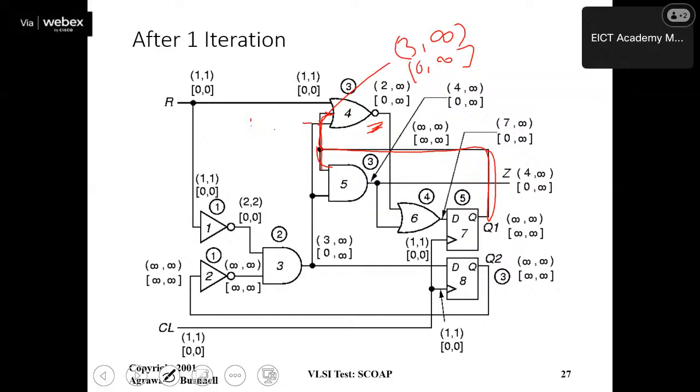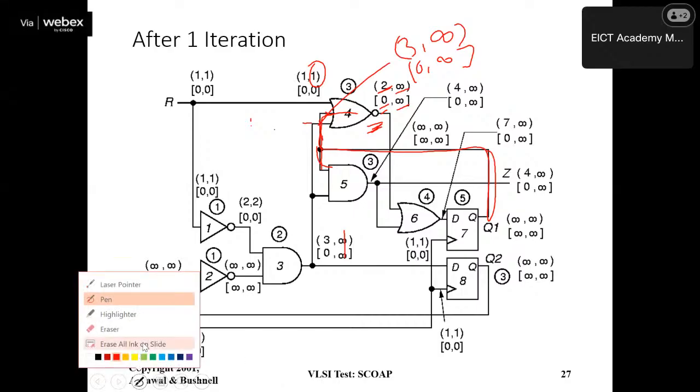CC0 for the NOR gate is the minima possible CC1. So what is the minimum CC1? 1 over here. Others are CC1 infinity over here, infinity over here. So it means minima of CC1 plus one more for the level change. So this is going to become 2. Another one remains 0. And the hardest level is infinity because there the sum is required. So that becomes infinity only.